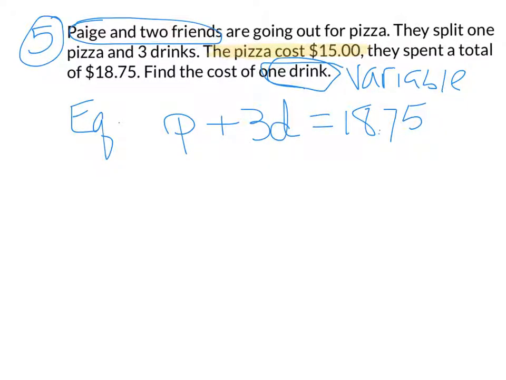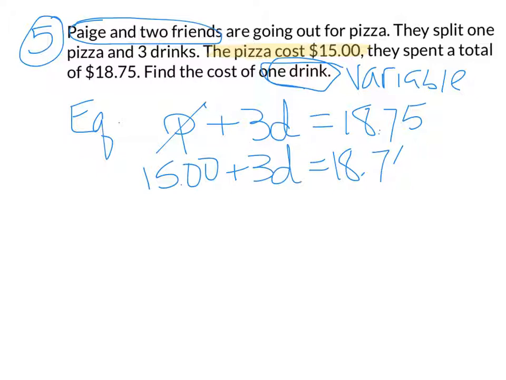So I can replace my P with $15. All right, so here's my equation. Because I know I only have one unknown. Up here, I had 2 unknowns, so that wasn't good. Now I only have 1 unknown. So now I'm going to solve for D.